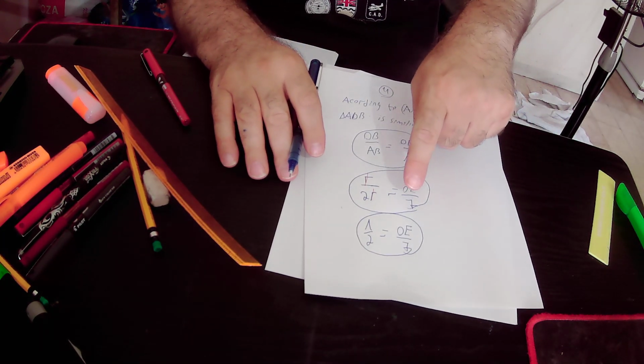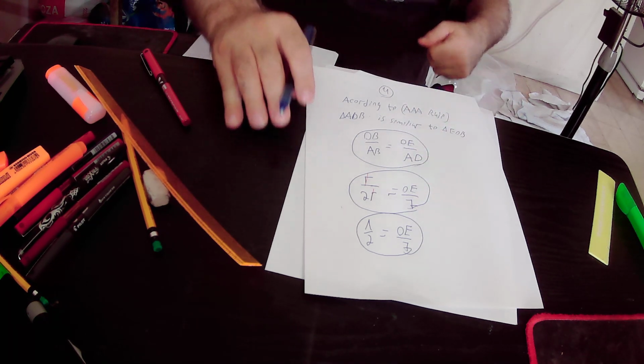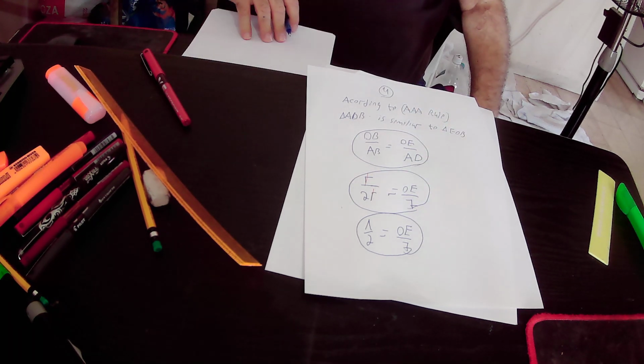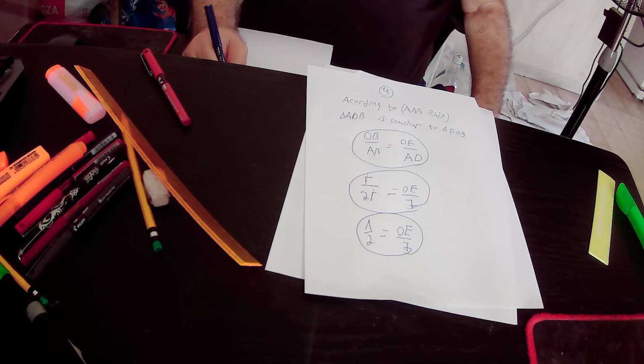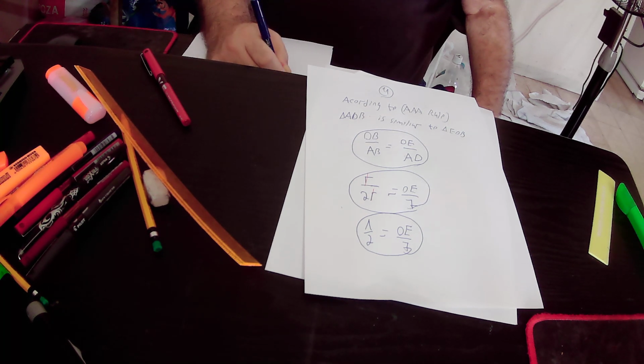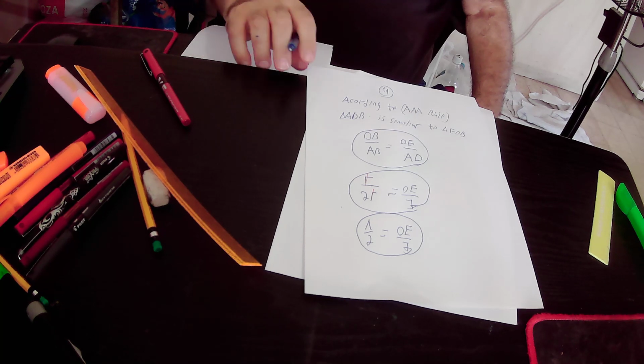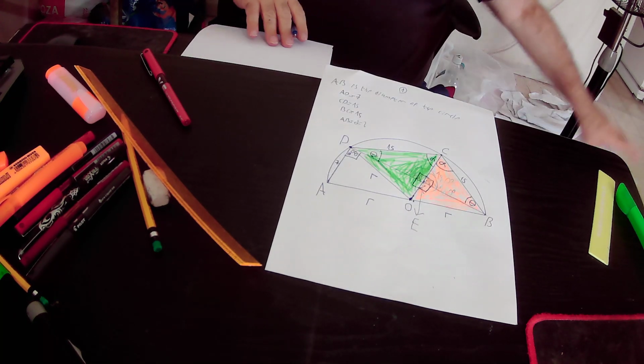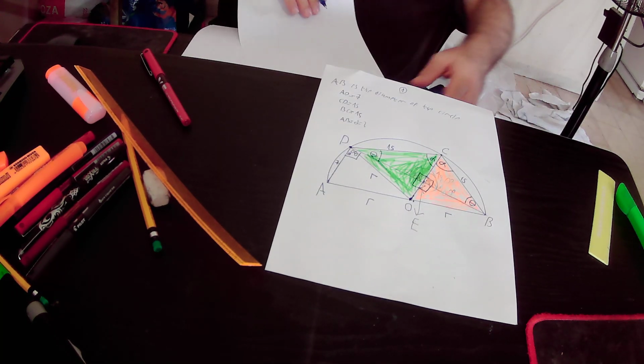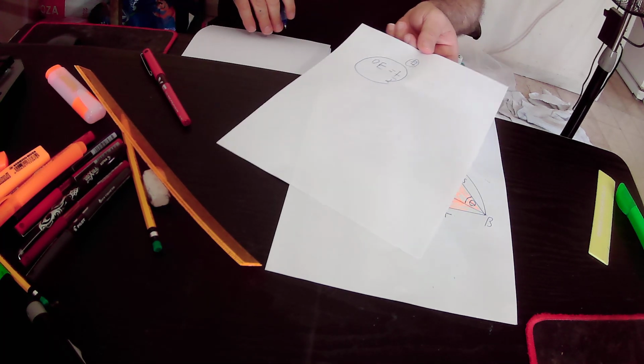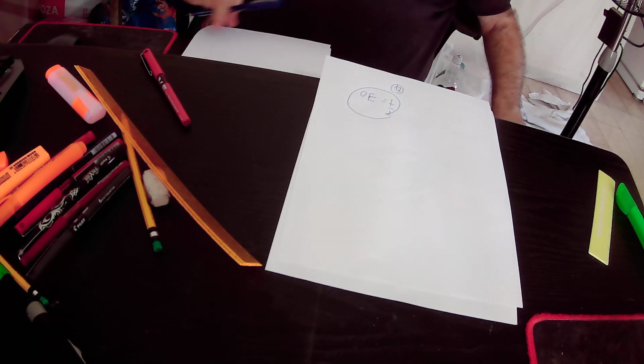Here we will multiply this equality by 7 and we will get that OE equals 7 over 2 units. So we found out that OE equals 7 over 2 units.